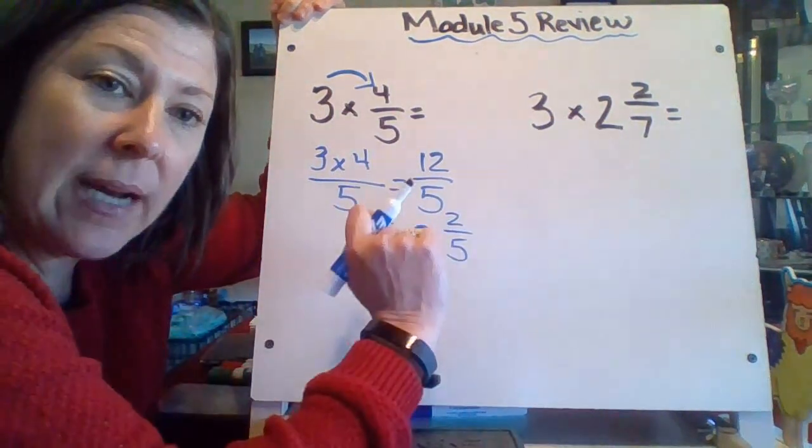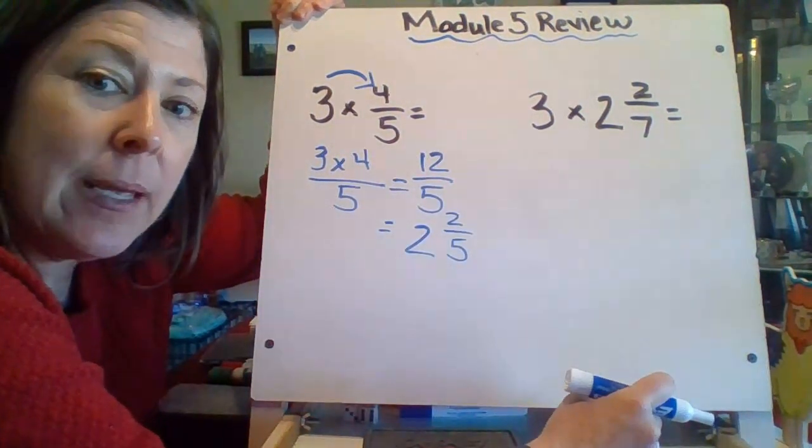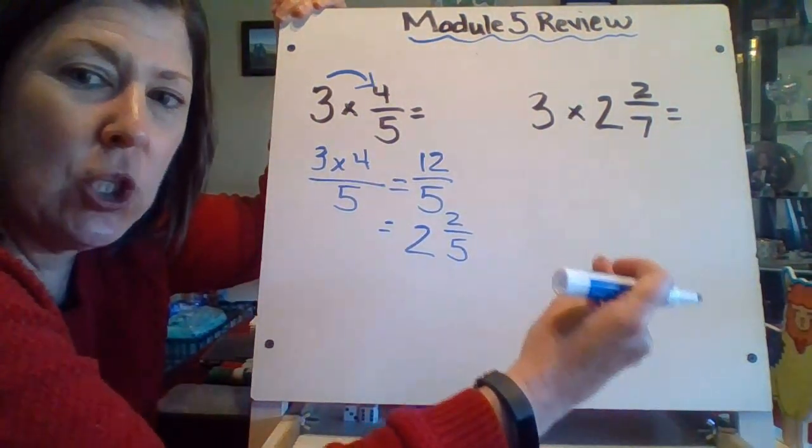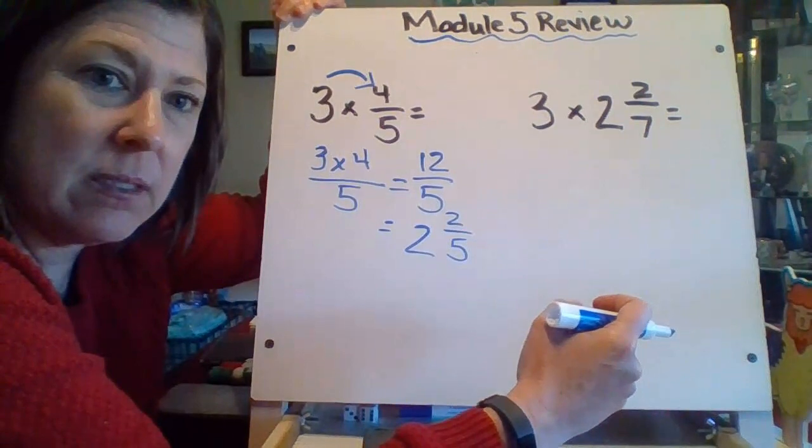Now this next one, I have to use the distributive property because it's not just 3 times 2, it's 3 times 2 and 2/7.